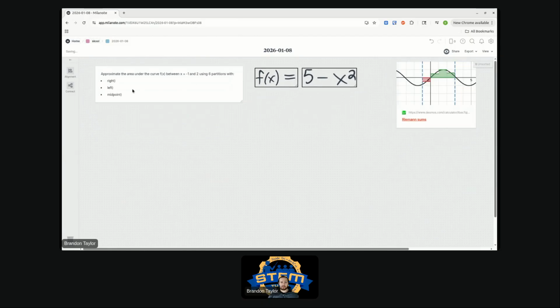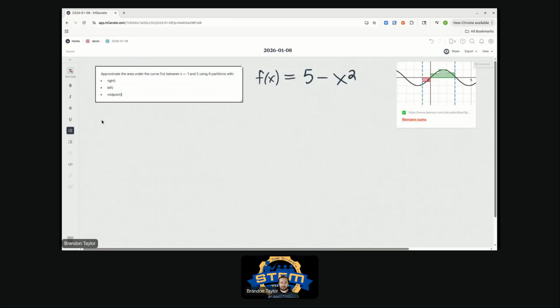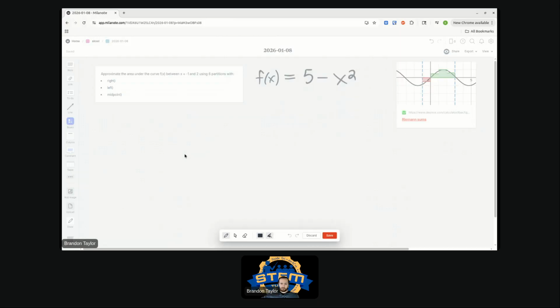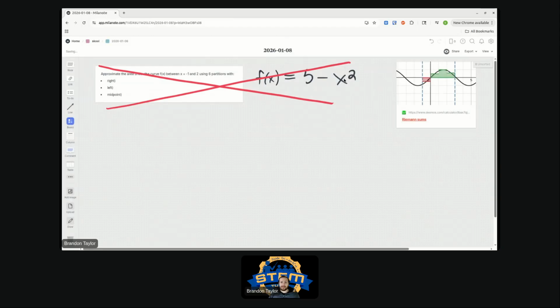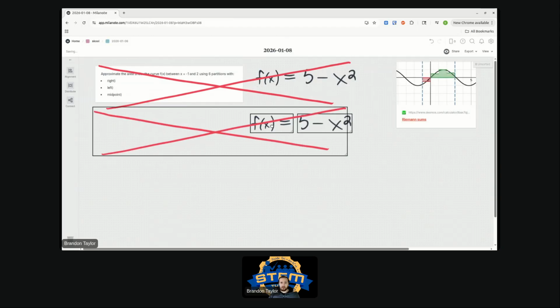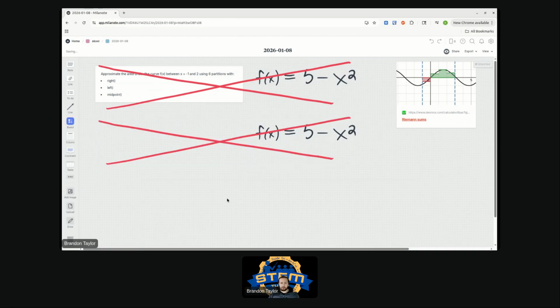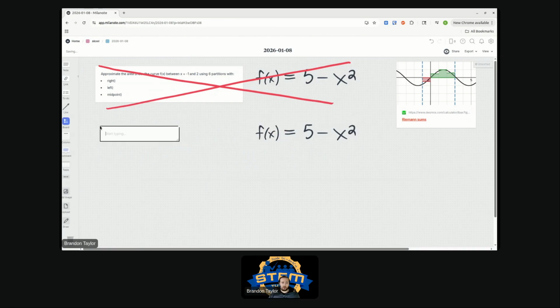What we're going to do today is a slightly different problem. We're not going to approximate the answer. We are going to find the exact area under the curve f of x between x equals -1 and 2.